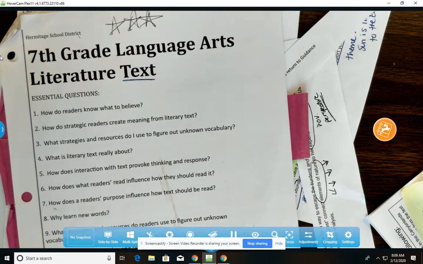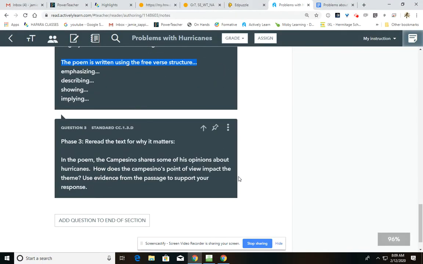As we go into the final phase of reading, phase 3, we're going to look for why the text matters. As we read for why the text matters, we're going to look for the interaction between the point of view in the piece and the theme.